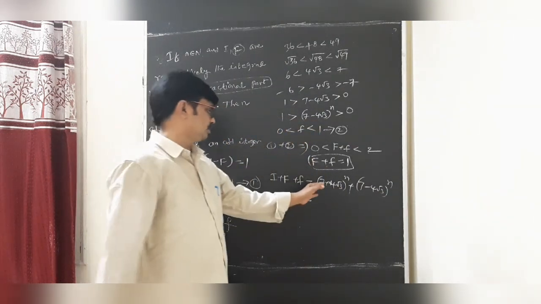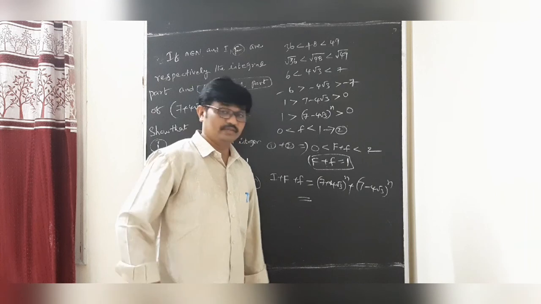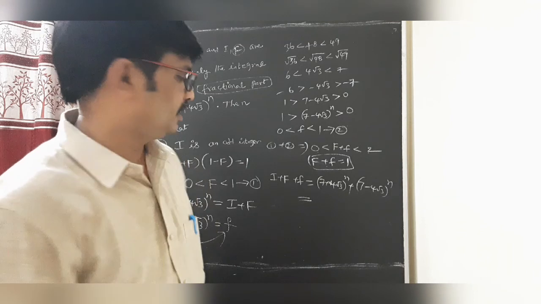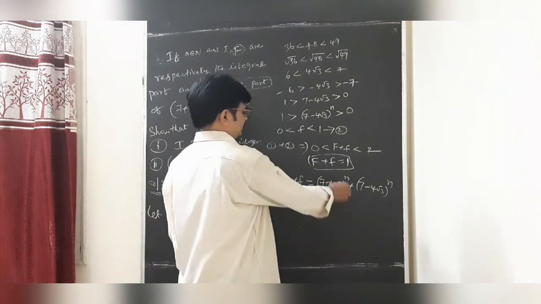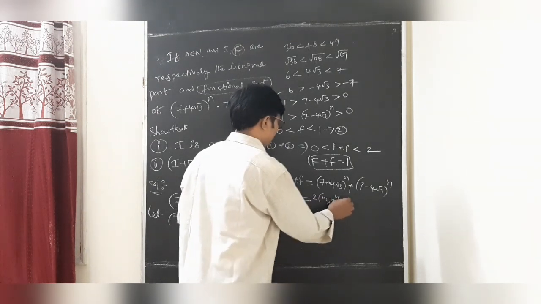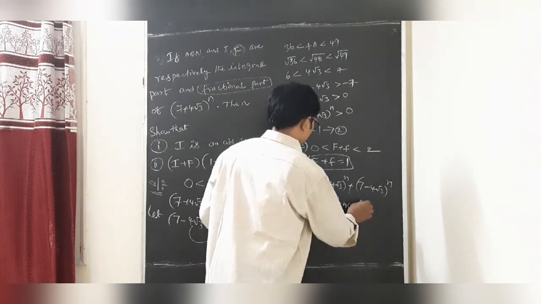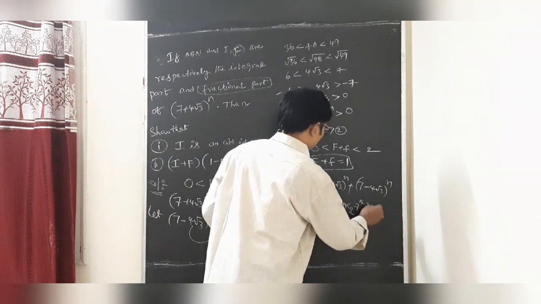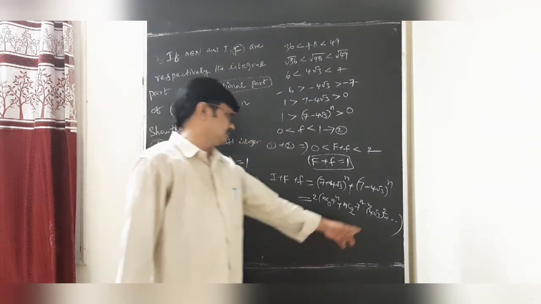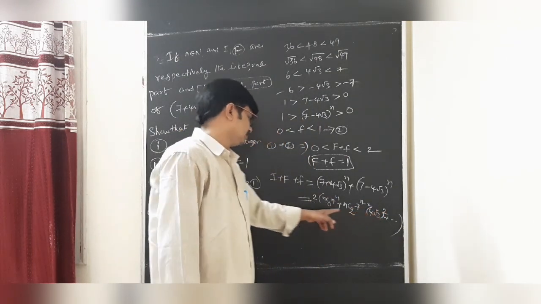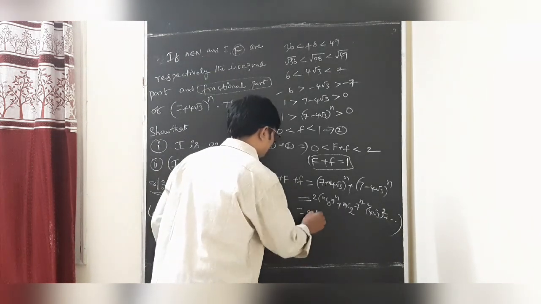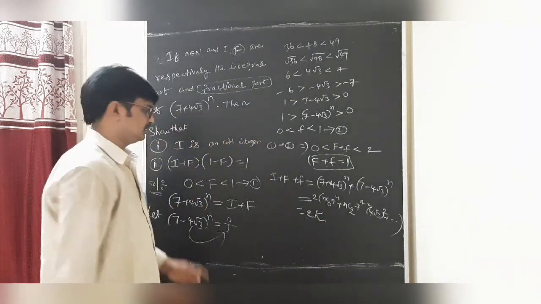So the expansion: nC0 7^n, nC1 7^(n−1)(4√3), nC2 7^(n−2)(4√3)^2, and similarly twice nC0 7^n, nC2 7^(n−2)(4√3)^2, and so on. Dear students, the square and the root cancel, so each and every term is an integer. This is 2k, an even integer.